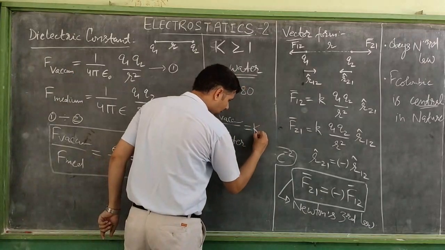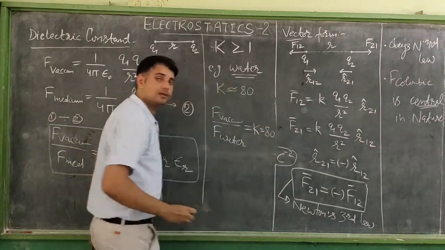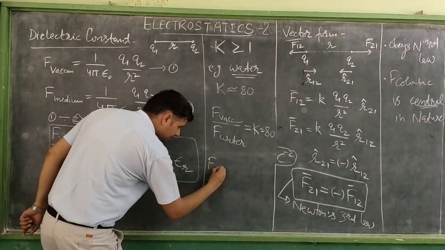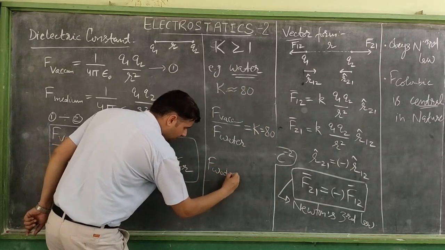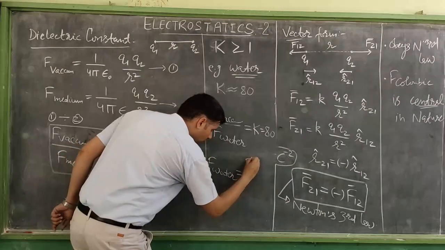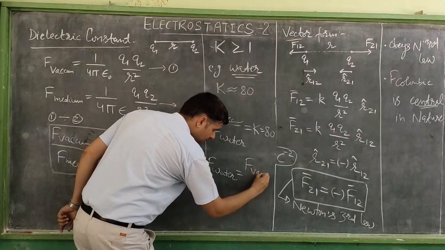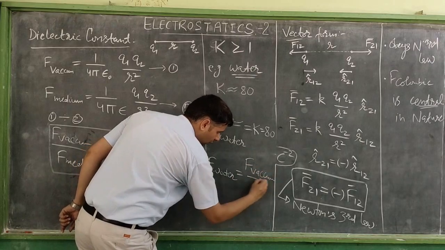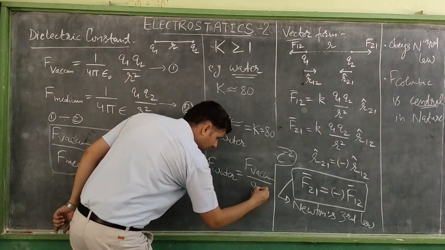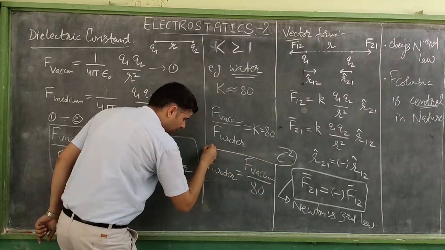So you write K equals 80. So I can safely say that the force in water will be equal to, doing the cross multiplication, the force between the two charges in vacuum divided by this factor 80 or 81.